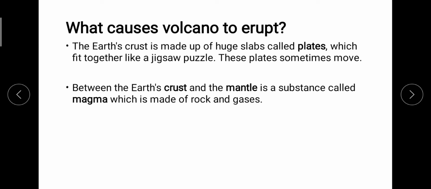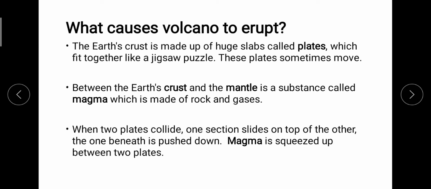Out of this movement and disturbance, a huge amount of magma comes out from between these two plates, and it is pushed upwards towards the vent, or the opening of the volcano. Ultimately this molten material, which is generally inside the earth's surface, is squeezed out of the volcano and erupts in the form of a volcanic eruption.